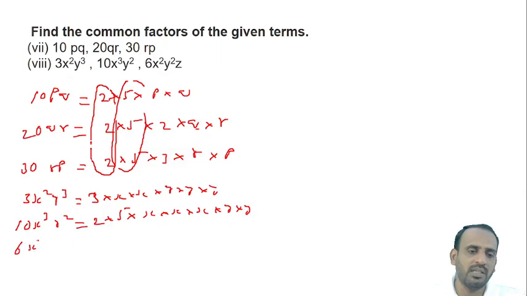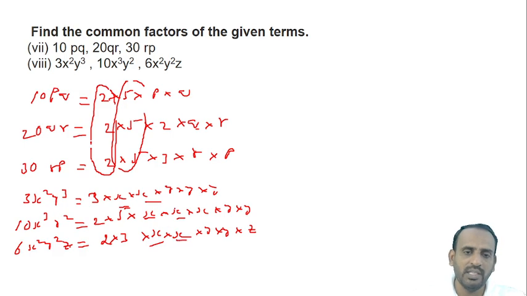Then 6x square y square z, we can say 2 into 3 into x into x into y into y into z. So 2 we have common here. No, we don't have 3 also. Do we have x? How many x? 1 x we have here common. Another x we have common. So 2x. Then we have 1 y common here and another y common. So we got 1 x common and 2 y's common from this.